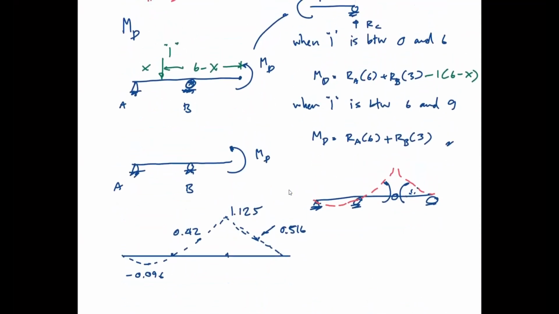You have to calculate the moment, not the load. This is the value of the moment from either one of these equations. Oh, okay, I see. It's not unit. Okay.